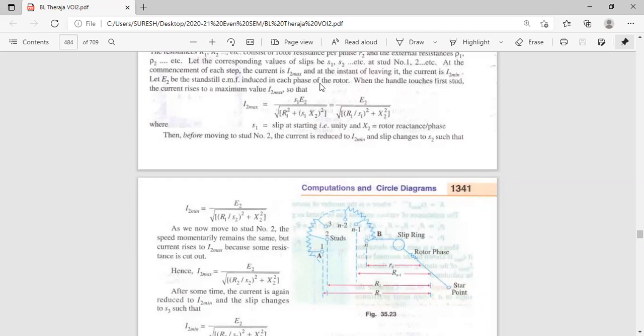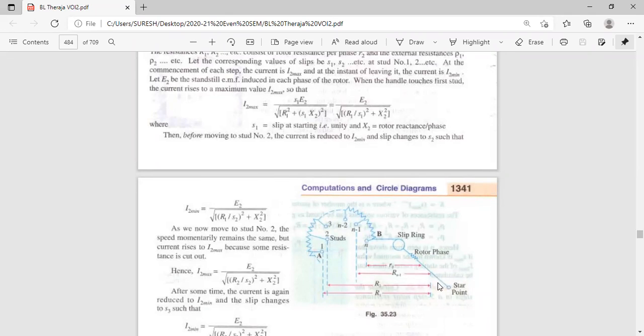I2 max is S1 into E2 by the square root of R1 square plus S1 X2 whole square, where R1 is the rotor resistance plus the entire resistance from 1 to N, in place of R2. This is the current when the handle touches stud number 1.